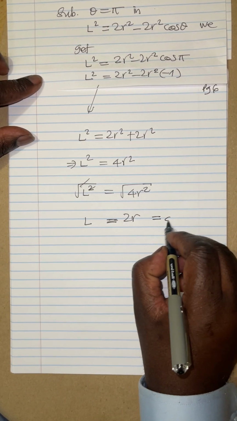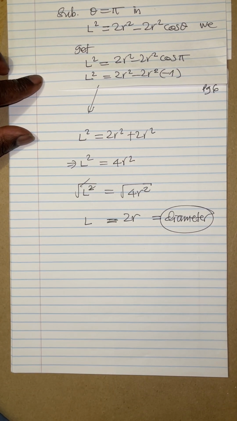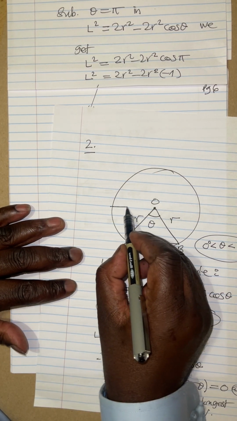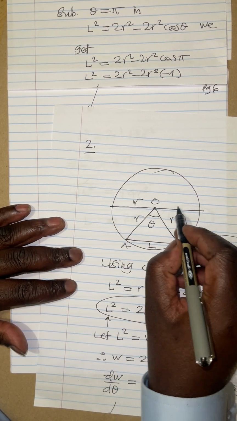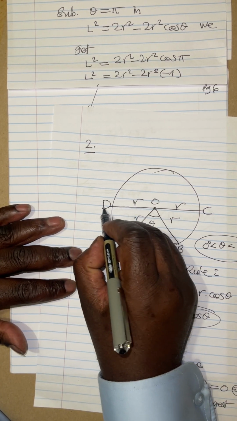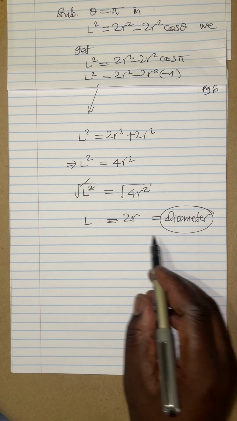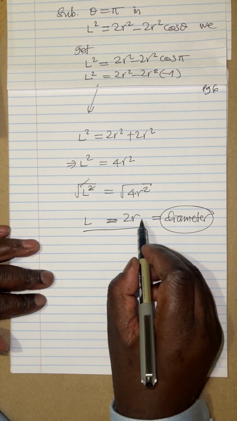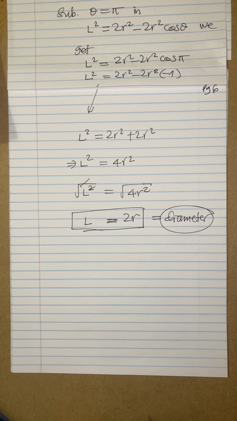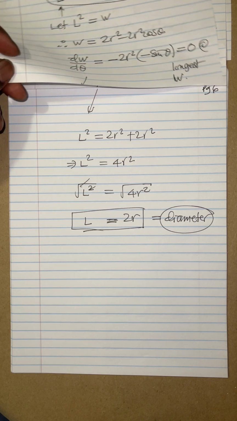This is just our diameter, because diameter is twice the radius. Going back here, each half is r, and therefore our diameter CD is actually 2r. We proved that this is the longest value of L you can get. You can't get any longer value of L than that, through our differentiation and equating to 0.